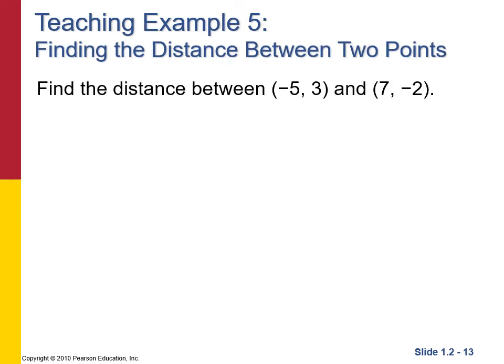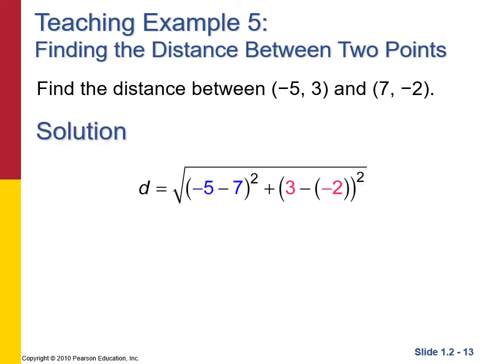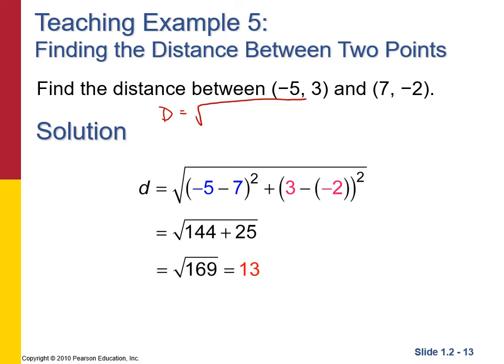All right, let's find the distance. So the distance formula, does it give it to us? Okay, it doesn't give it to us. So the distance formula is equal to the square root of y2 minus y1 squared plus x2 minus x1 squared.